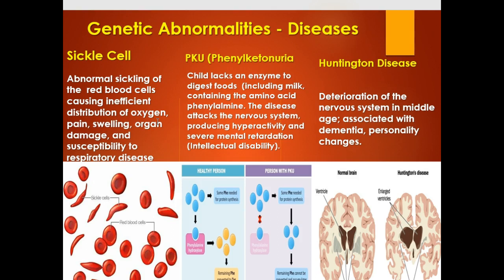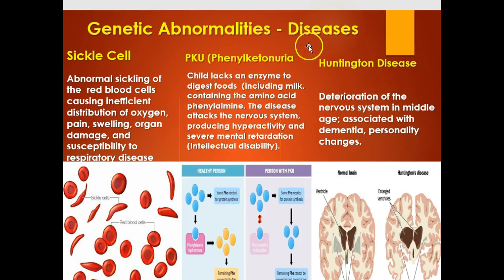It attacks the organs in the body, and of course, they are more susceptible to respiratory disease. And this disease is found mostly in the African American community. And you can see the normal red blood cells are round, and the sickle cells are the bow shape. And therefore, oxygen cannot get through these cells because they are elongated.